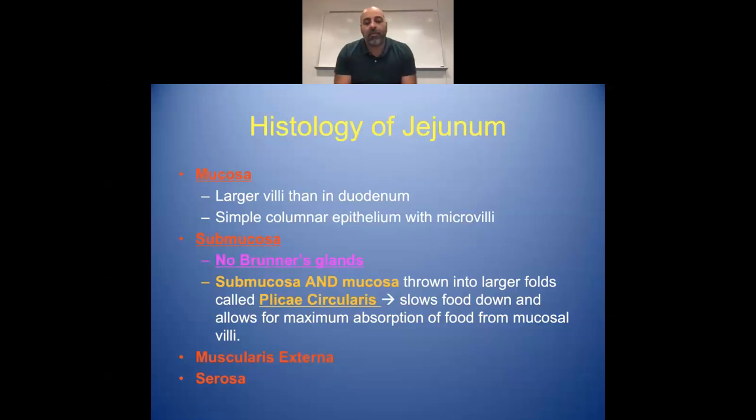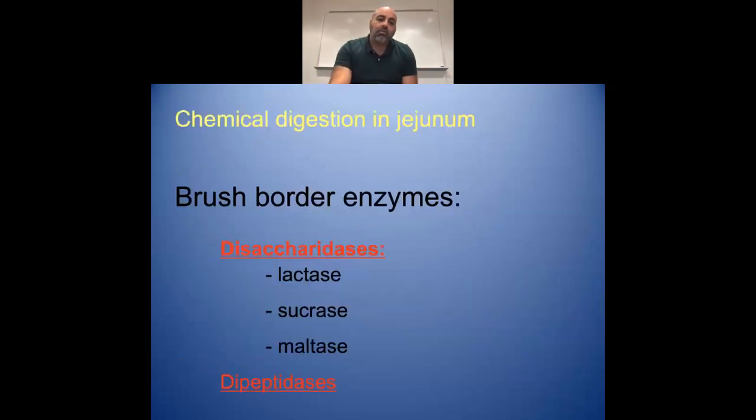No, it does have plicae circularis. Correction. Both of them have. Okay, it has the big folds, but we get rid of Brunner's. At this point, we've buffered the acid. We've gone pretty neutral. Okay, so we do not see Brunner's here. The big claim to fame for jejunum is absorption. Majority of absorption happens here. And muscularis externa, serosa.